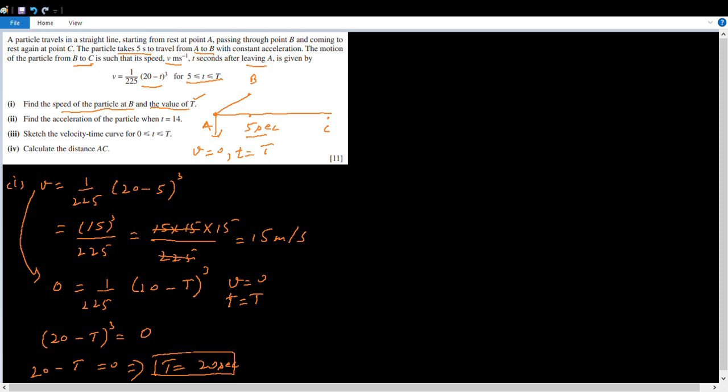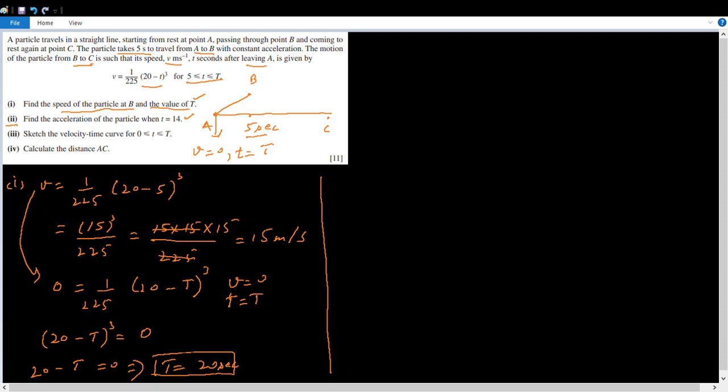So now this was part number 1. Second part is find the acceleration of the particle when t is equal to 14. So for acceleration of the particle, we are given the speed equation, or the velocity.